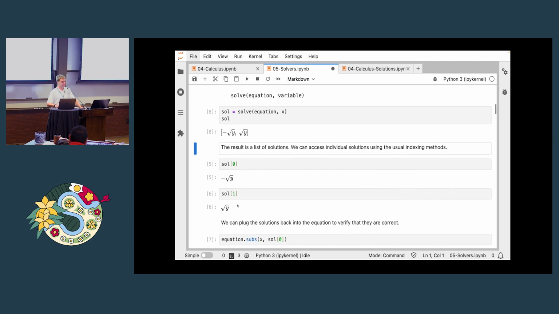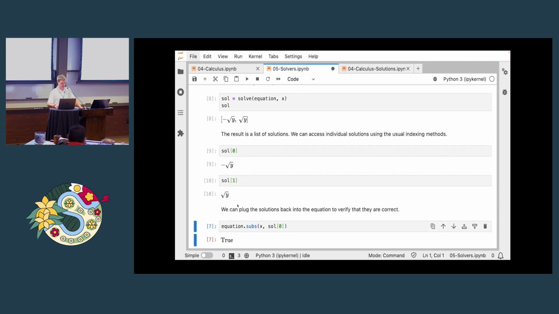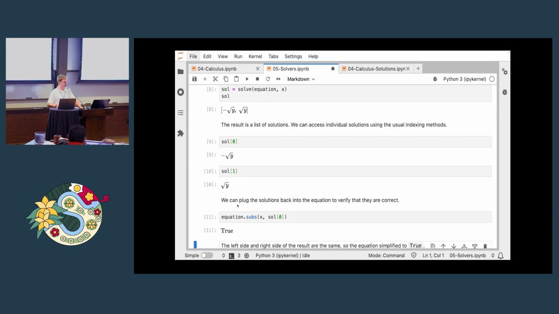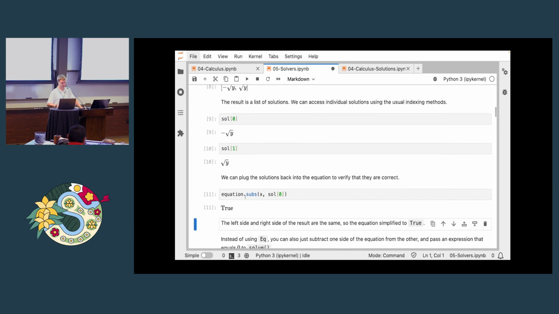Since it's a list of solutions, if you want to access each individual solution, you just index it like you would a list, or you could iterate over it. It's just a normal Python list. If we want to check that these solutions are correct, we could plug them back into our equation using subs.